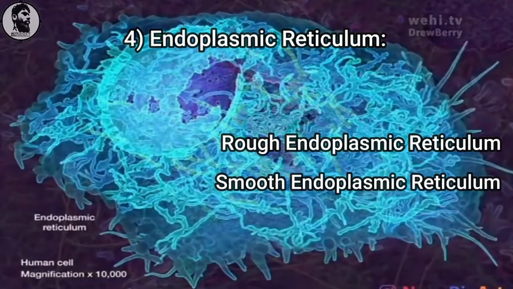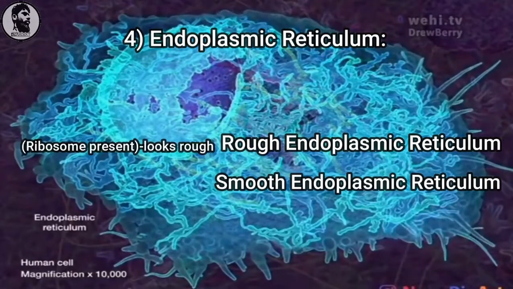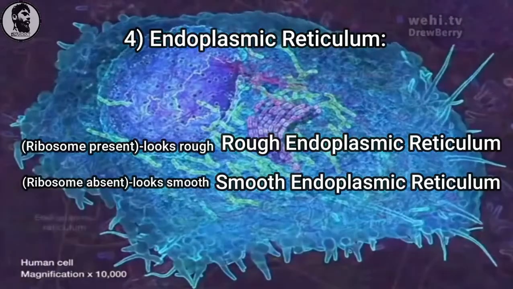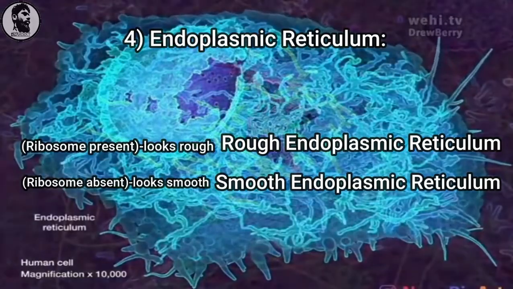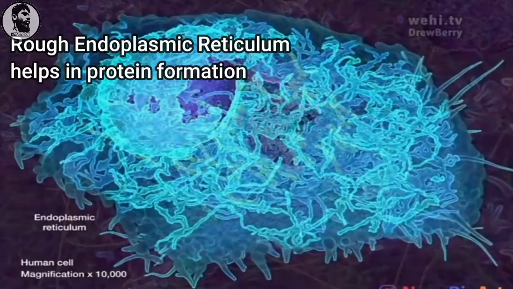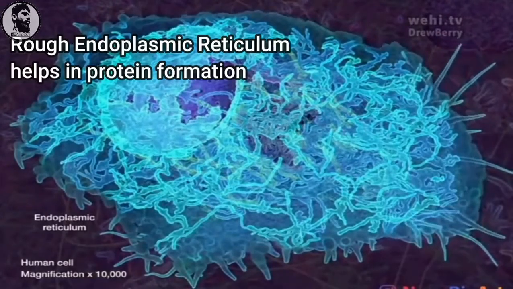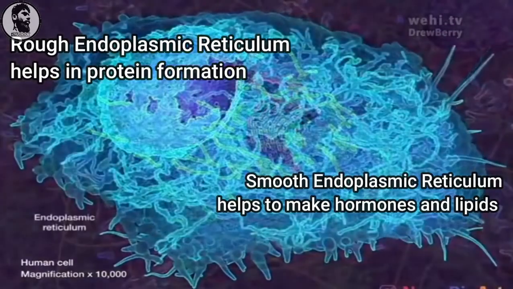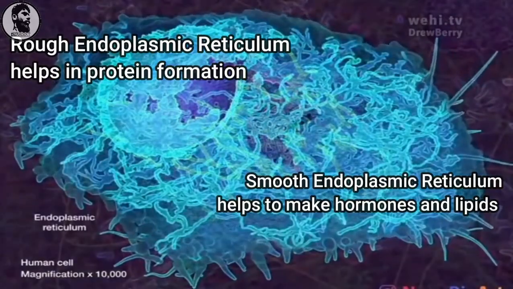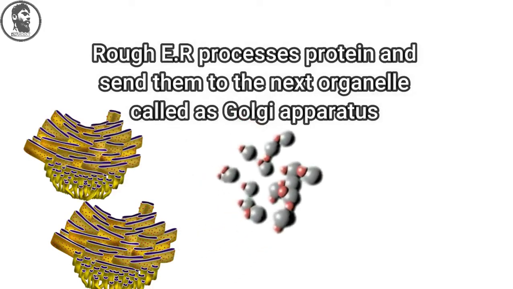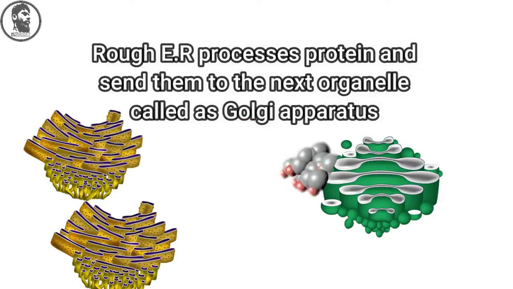This rough endoplasmic reticulum has ribosome present on them and looks rough, while smooth endoplasmic reticulum doesn't have ribosome and looks smooth. Rough endoplasmic reticulum helps in protein formation in the cell, while smooth endoplasmic reticulum helps to make hormones and lipids in the cell. Rough endoplasmic reticulum processes proteins and sends them to the next organelle, Golgi apparatus.